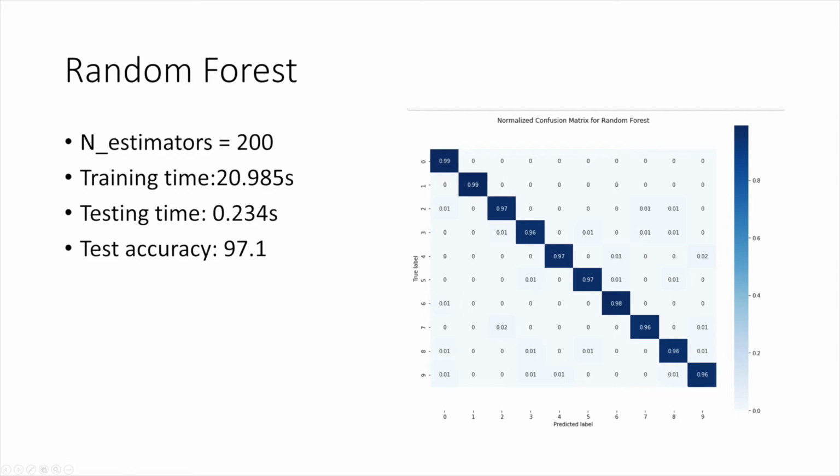We have tried from 10 trees to 200 trees in the forest, and the best estimator we get is 200 trees. The training time is not slow. It takes about 20 seconds to train the model, and it shows a relatively high accuracy rate, about 97%. From the confusion matrix, you can see it performs averagely on every digit.